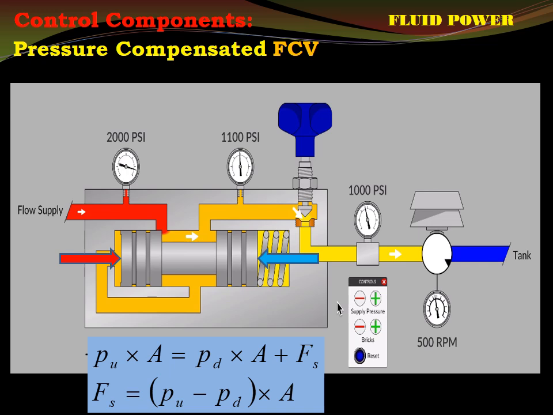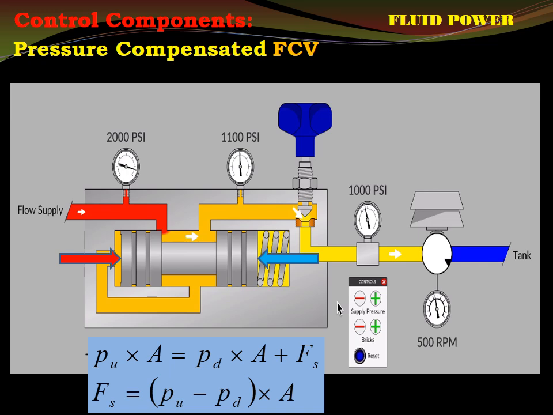With respect to the main spool. Pd into A plus Fs. Right? Now if we arrange this by some simple mathematical manipulation, Fs will be (Pu minus Pd) into A. That means spring force equals the pressure difference across the main spool multiplied by A.